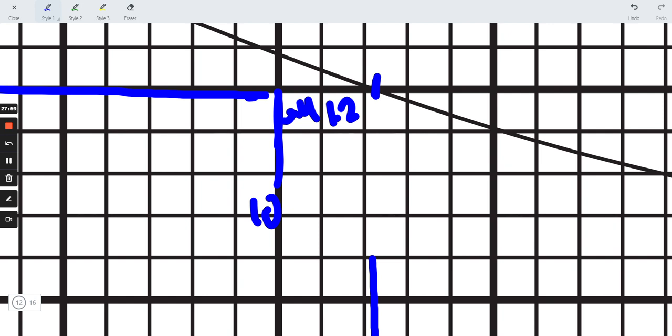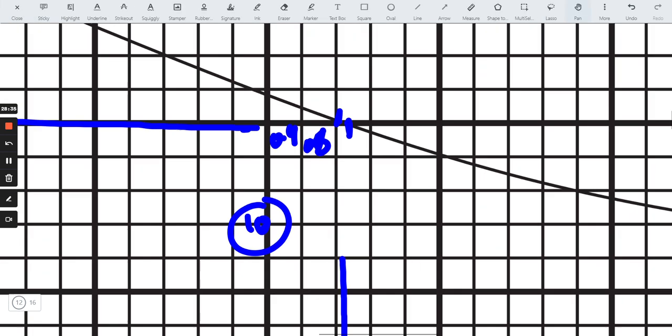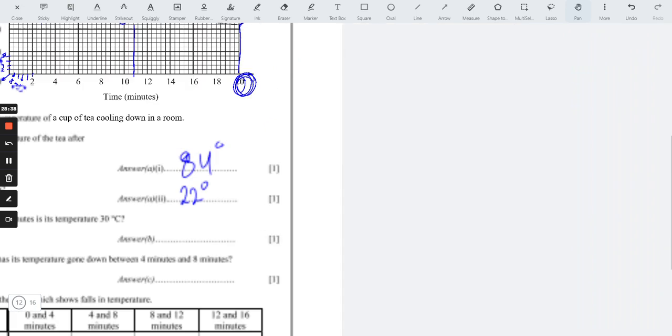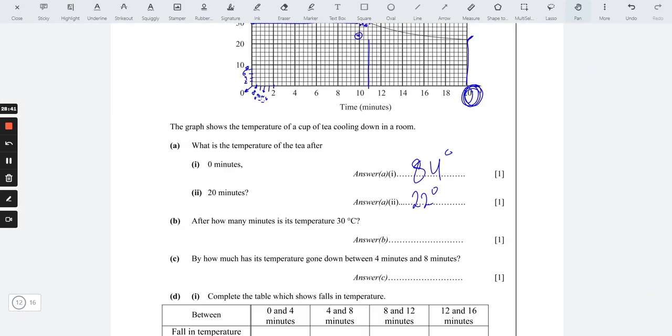It will be 11.2. No, sorry. Here is 0.4 and 0.8, here 0.8 and almost here. It's my mistake, so here you can add 0.2, half of 0.4, so you will get 1. So 1 plus 10 is 11. The answer here with the temperature 30 is 11.